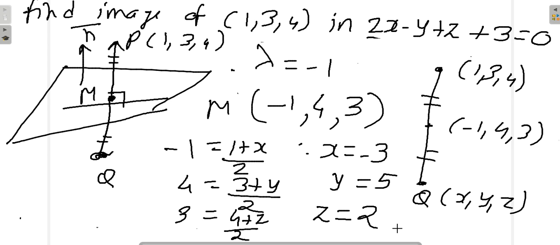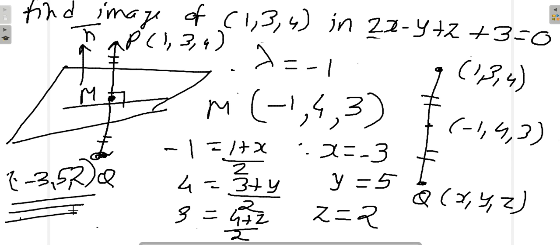So the image is (-3, 5, 2). This is the image of the point in the plane.